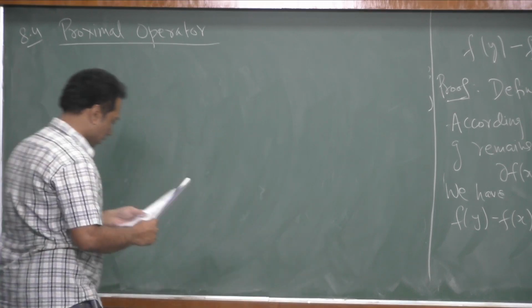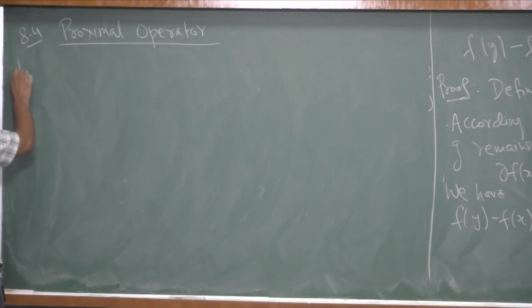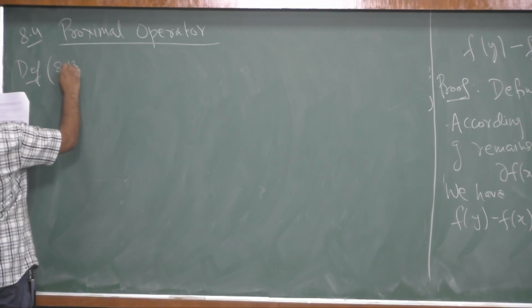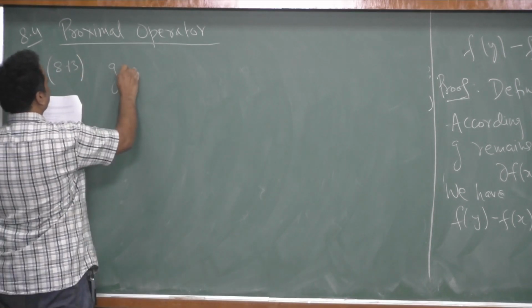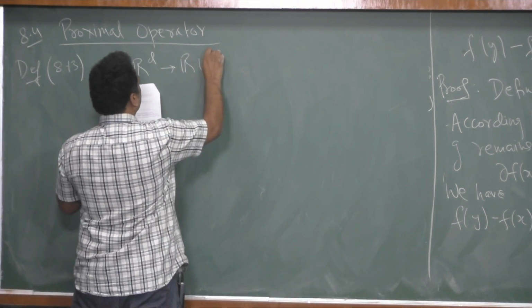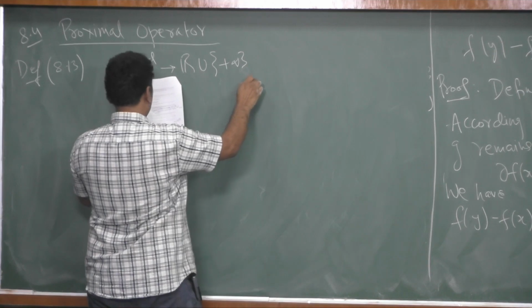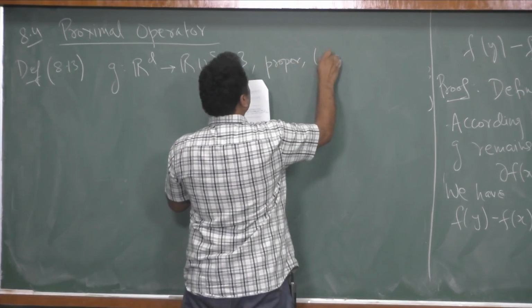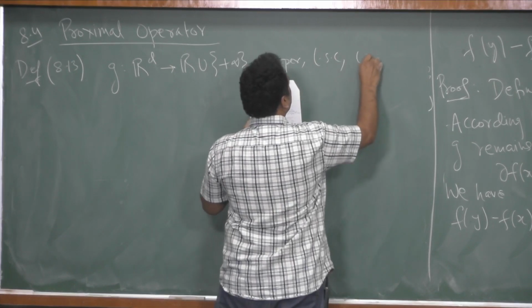So the definition of a proximal operator, definition 8.13. Let G from R^d to R union infinity be proper, LSC, convex.